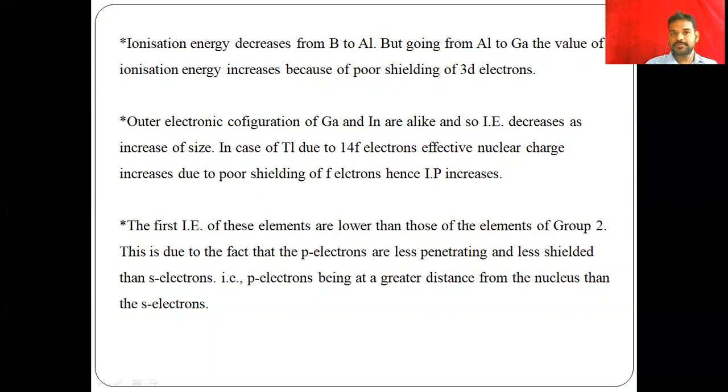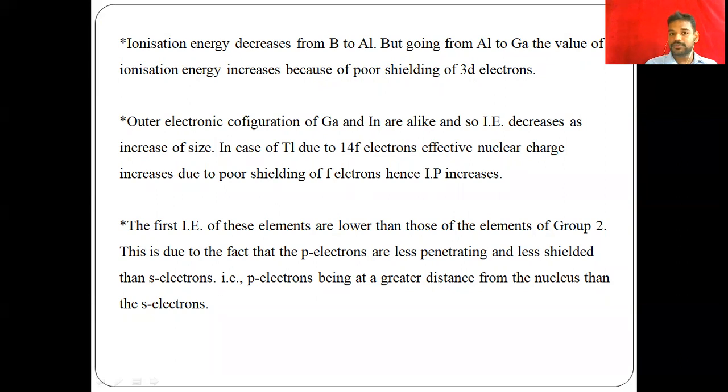So for boron to aluminum and aluminum to gallium, the reason is the introduction of 3d orbital. And in the case of gallium to indium and indium to thallium, this is because of the introduction of 14 f orbital.